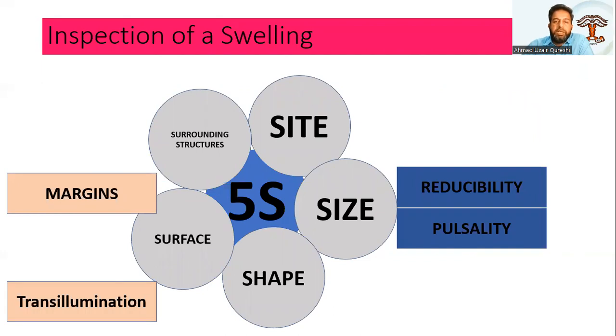If there is a swelling, you need to recall the lecture on swelling, right? It has 5 S's. You need to determine the site, the size, the shape, the surface, the surrounding structures, and then the margins, reducibility, pulsatility, contents, and transillumination, which is very important for inguinal hernias.